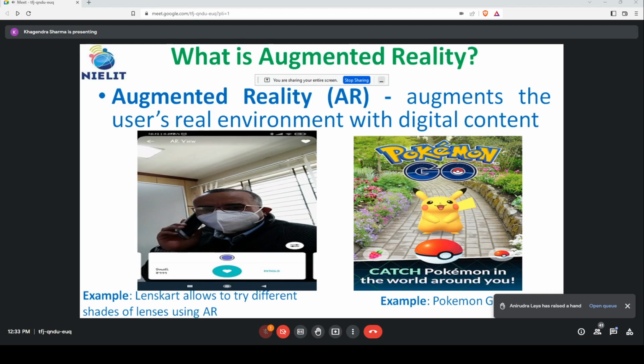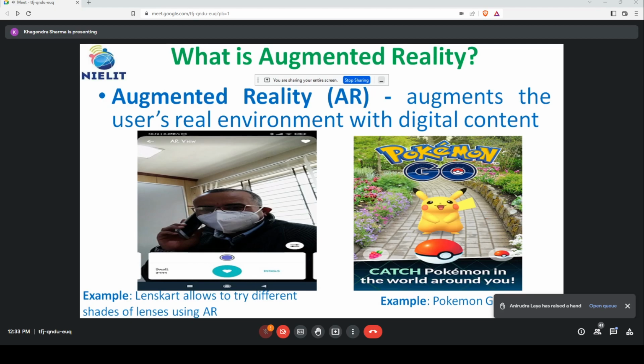Lenskart was just an example. You can have it for shoe companies like Adidas, which have a similar thing. Even in shopping malls, different companies are coming with this idea wherein digital content is overlaid on the physical object.